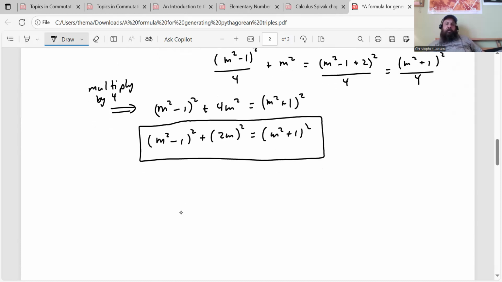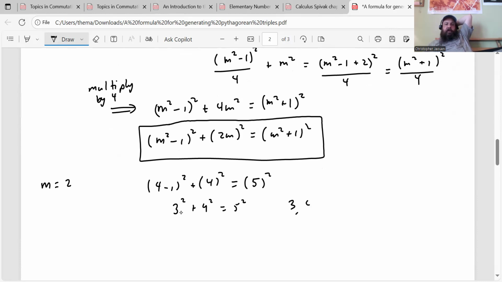So for example, let's say we choose m equal to 2. Then if I plug that in, I get (4 minus 1) squared plus 4 squared equals (4 plus 1), which is 5 squared, or in other words, 3 squared plus 4 squared equals 5 squared. 3, 4, 5 is usually one of the Pythagorean triples that people remember from high school geometry.